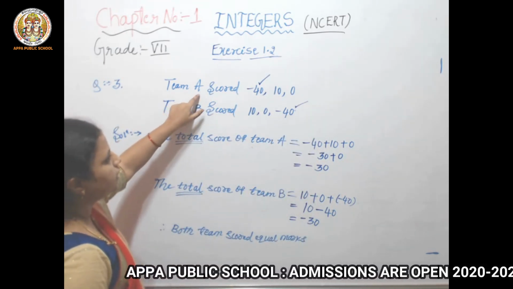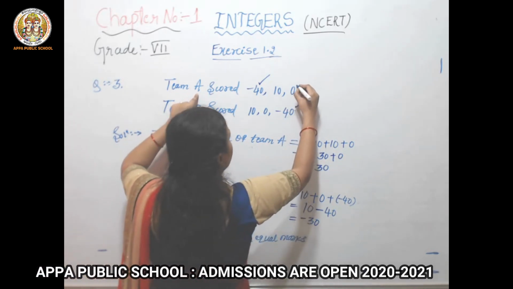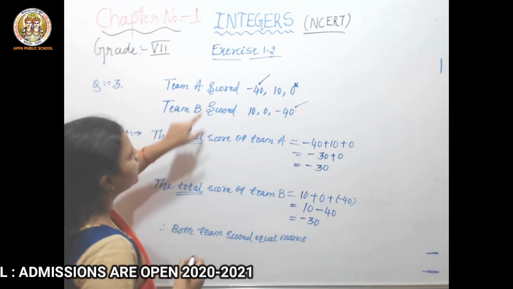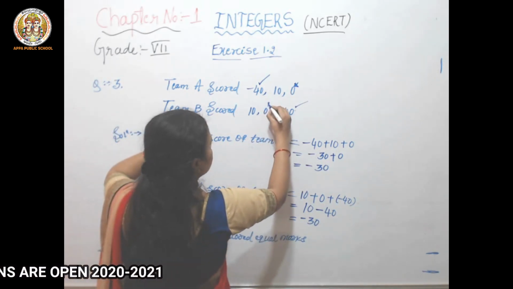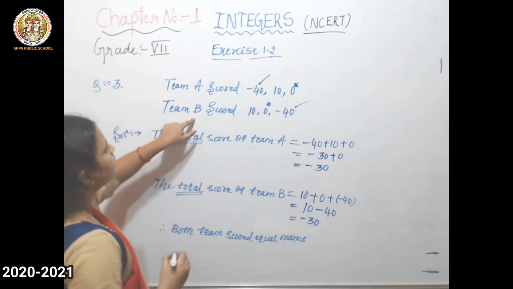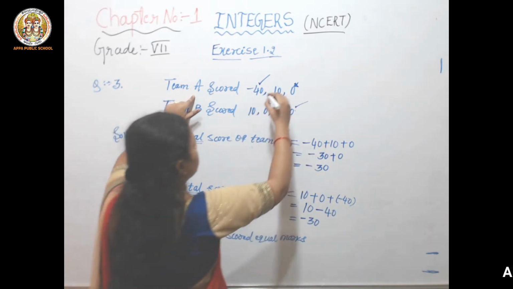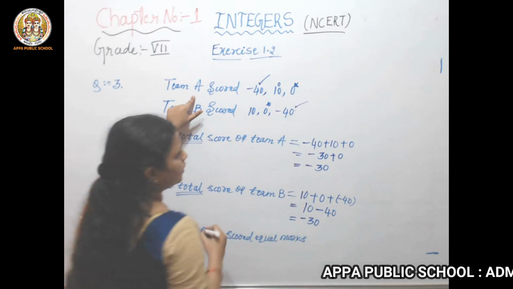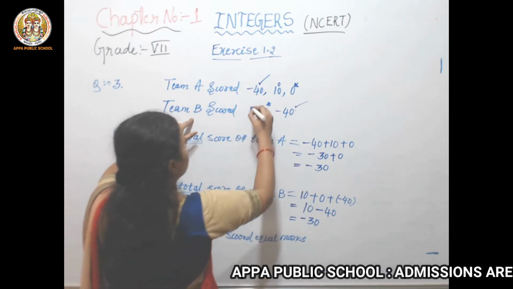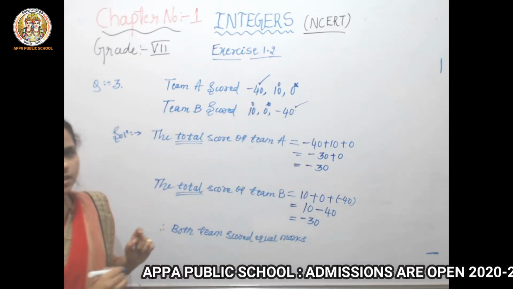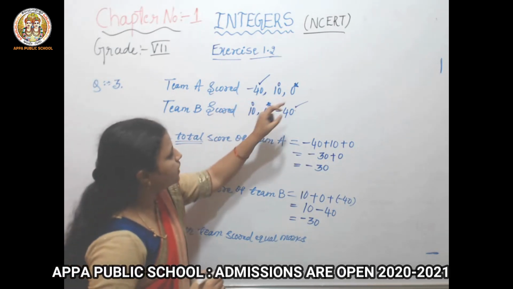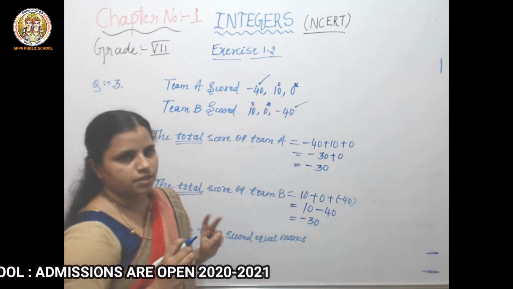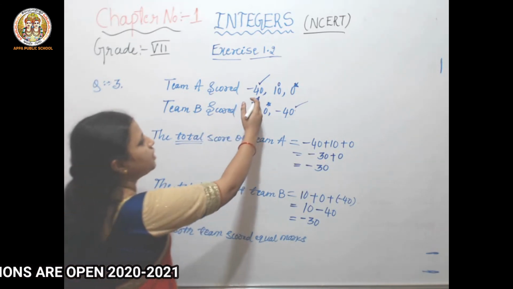In Team A we are having 0, in Team B also we are having 0. In Team A we are having 10, and in B also we are having 10. Same numbers only, we just changed the position of the numbers. There is no change in the integers.